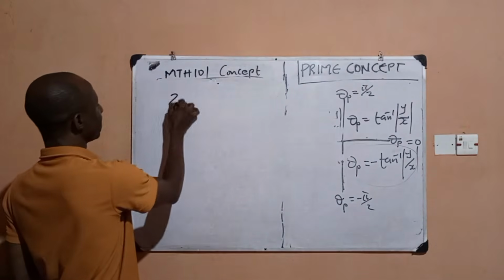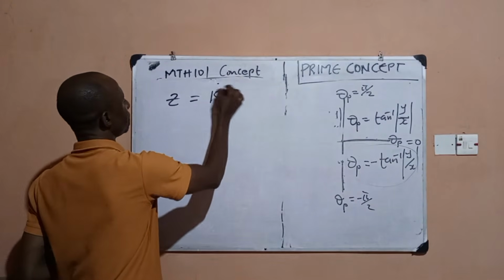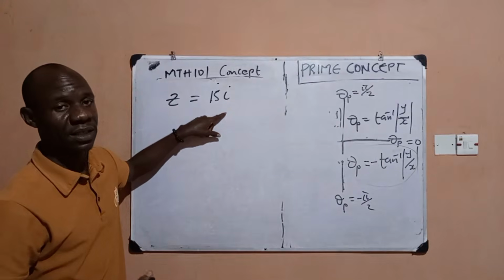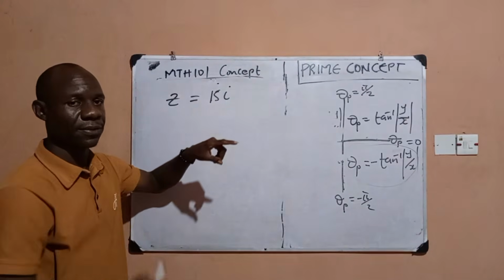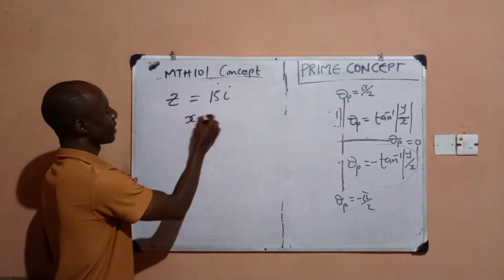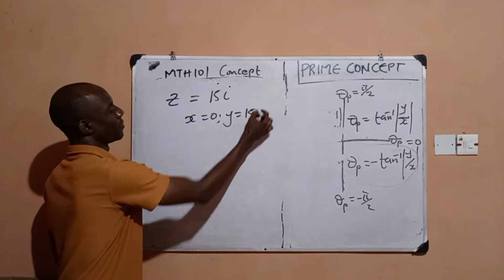Now, if you have z equals, let's say, 15i, and they say find the principal argument of this, what do you think it's going to be? Now, you ask yourself, what is x in this case? x is 0. What is y? y is 15.